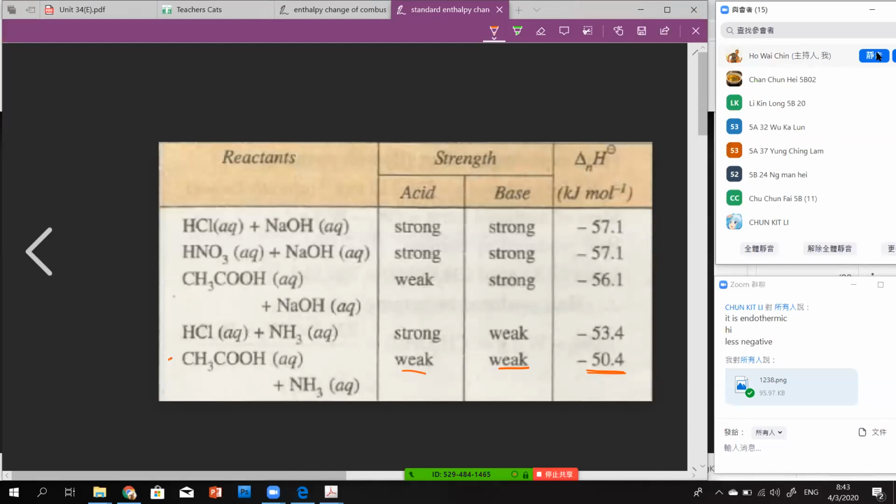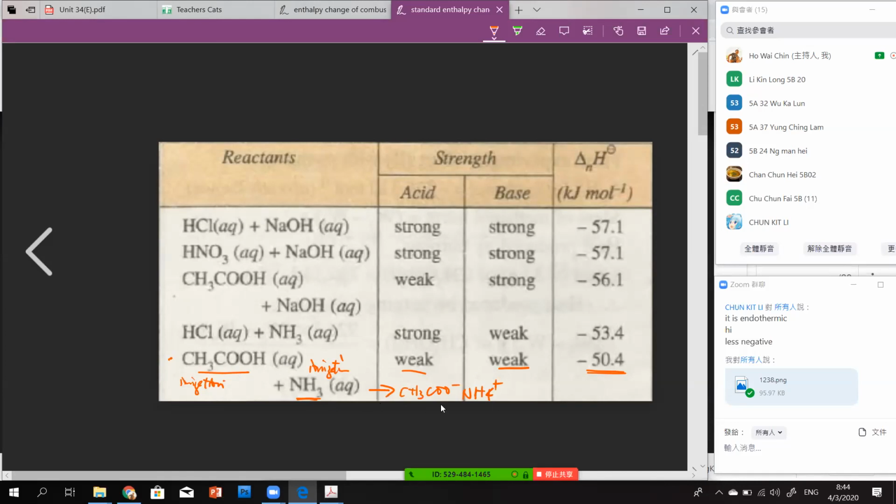Why? It's not just ionization of this, but also this ionization. Can you get my point? So how do I know? The product for this is CH3COO-, NH4+.